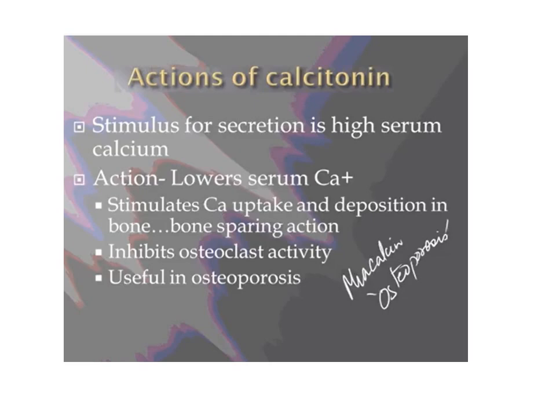That means it has a bone sparing action and inhibits the osteoclast activity in the bone. You have seen when you did the bone, there were osteoclasts which are responsible for the breakdown of the bone. So it prevents osteoporosis, and is useful in cases of osteoporosis.